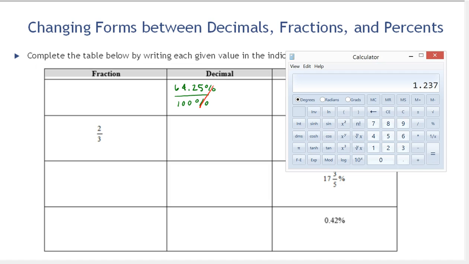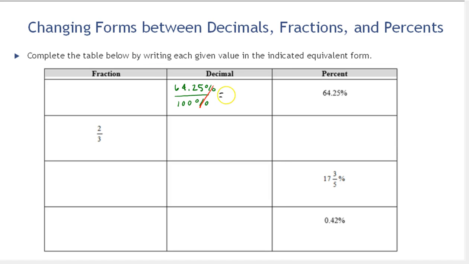You might imagine what happens when you do this, but let's just verify it by dividing by 100. And we get 0.6425. Notice dividing by 100 moves the decimal 2 places to the left, just like multiplying by 100 moves it 2 to the right.